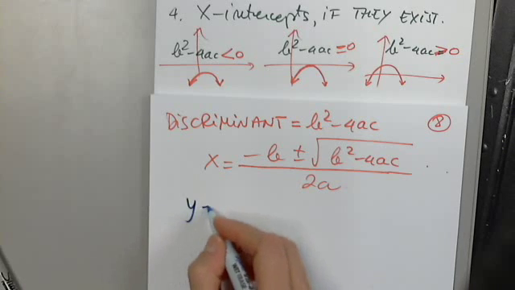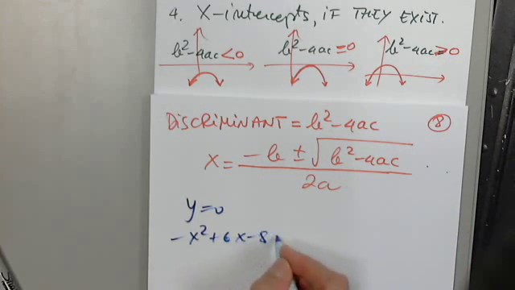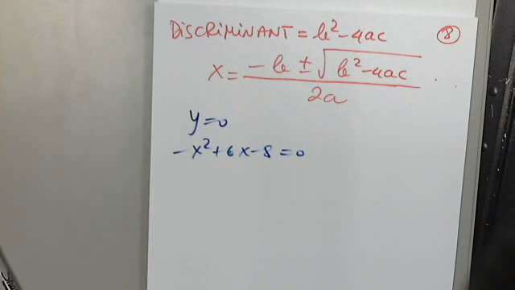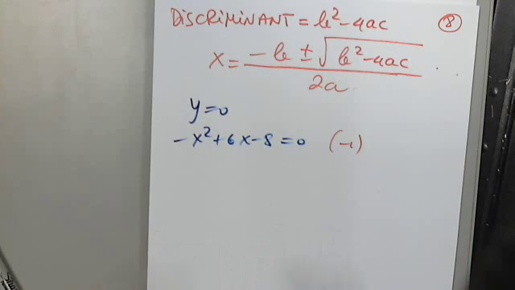Okay, so y equals 0. Y is the function. Negative x squared plus 6x minus 8 equals 0. Again, I know I'm repeating myself a ton. So what type of equation is this? Of course, it has something that I refuse to handle. I will get rid of it, which is, yes, you can solve it like that.